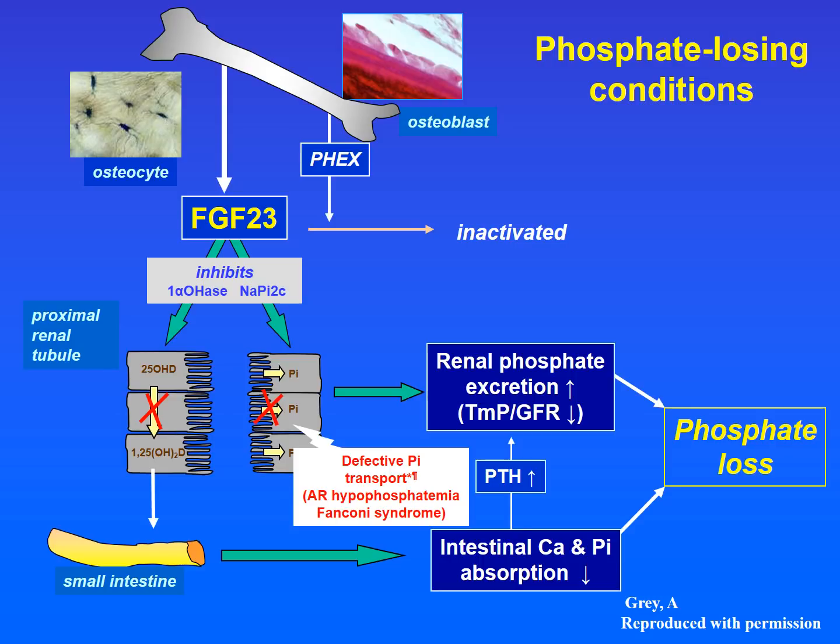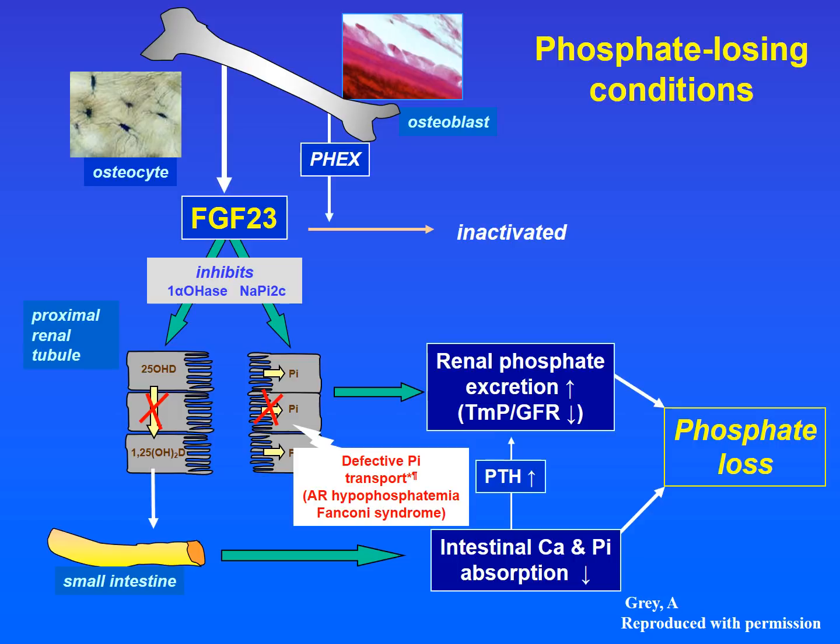So FGF23 normally in physiology comes out of the bone, specifically made by osteocytes in the bone, these cells that sit in the bone matrix and communicate with each other via these long tendril-like processes and communicate with the bone surface in that way.